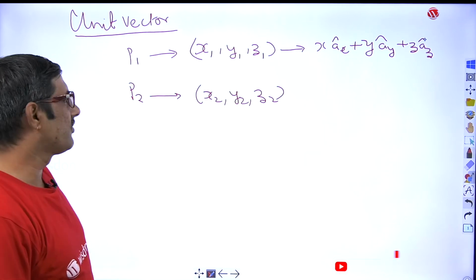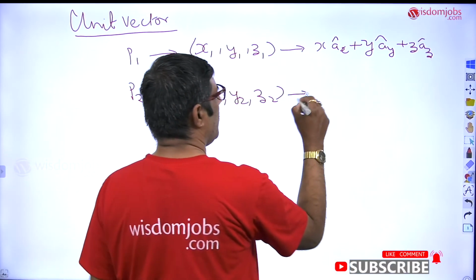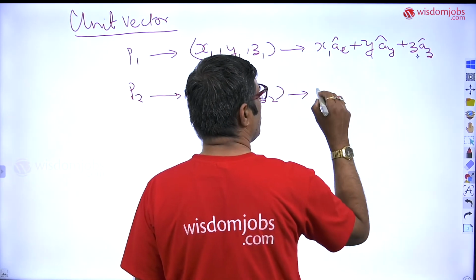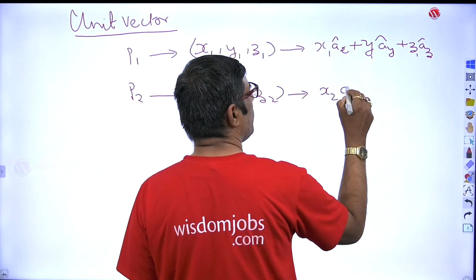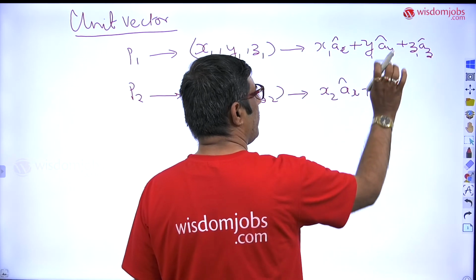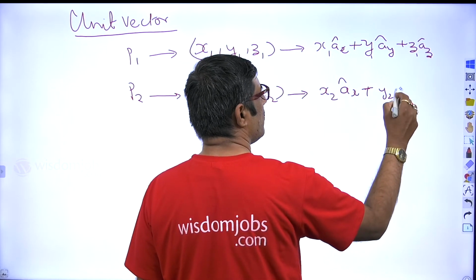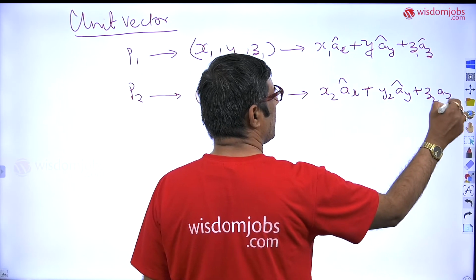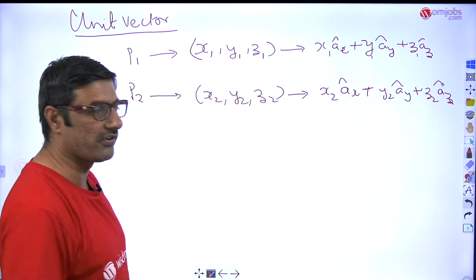Now for the second point, the position vector is x2 into ax cap plus y2 into ay cap plus z2 into az cap. Okay, so these are the position vectors of the given 2 points.